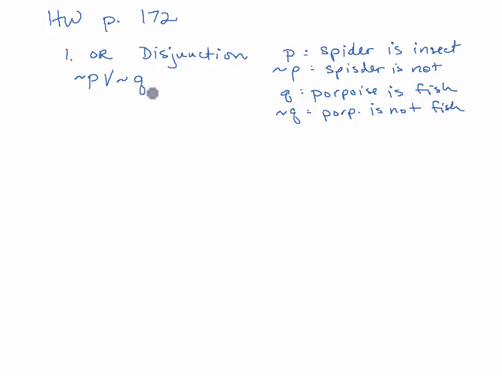So they're giving you not P or not Q. So you're going to need to look at a disjunction table for not P and not Q to determine whether this is true or false. So when you're reading the statements, if you're not sure, think about what the truth tables would show.